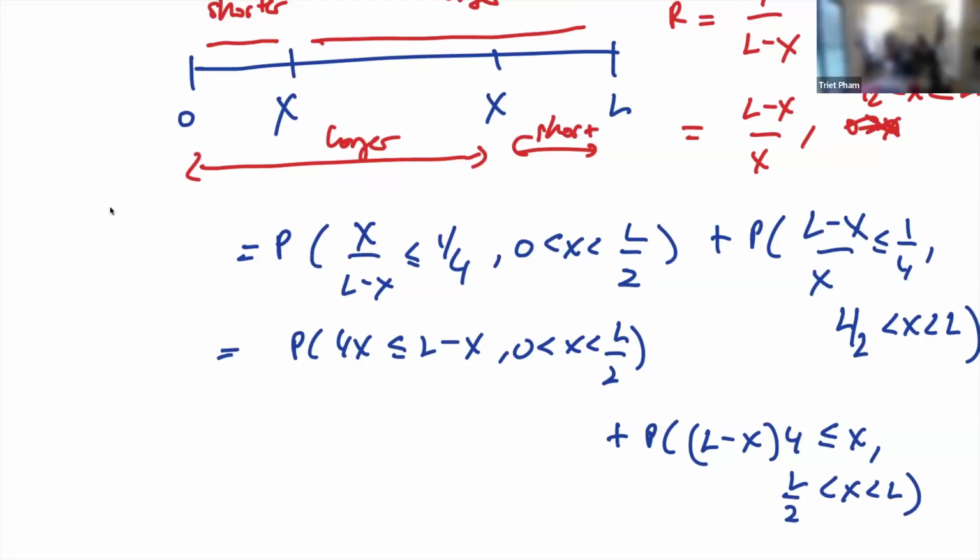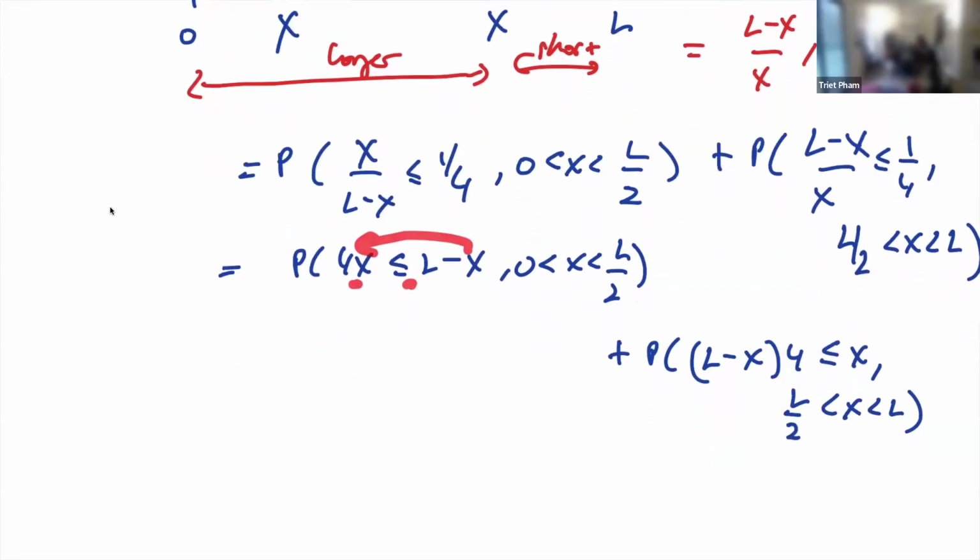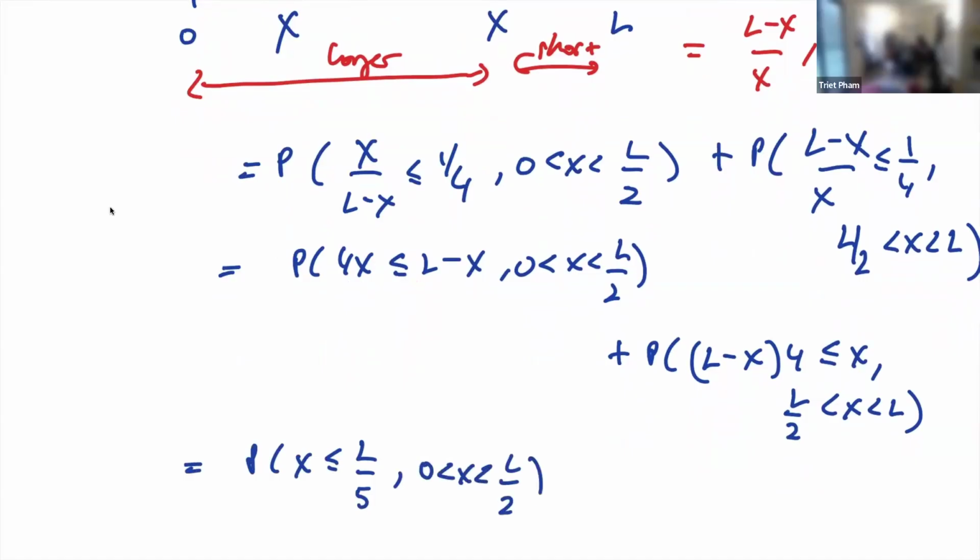And then this becomes what? 5x less than or equal to L, or that is, right. And then this is 4, right? L 5. So, correct.